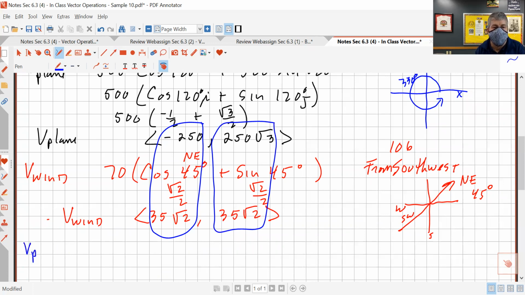So the vector of the plane plus the vector of the wind is equal to the sum of the x's and y's, which is negative 250 plus 35 square root of 2, and 250 square root of 3 plus 35 square root of 2.